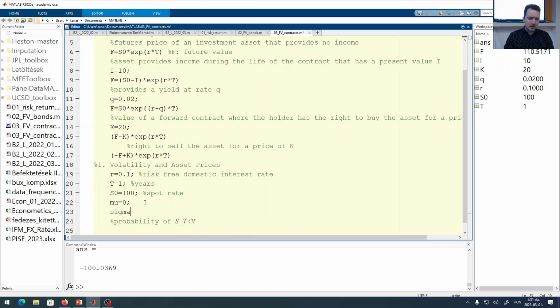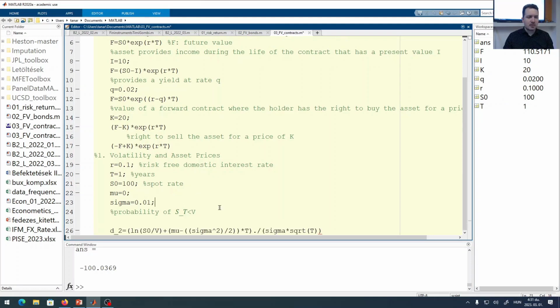We have the sigma, which is, let's say, 0.01, so it's only 1%. So this is volatility, risk, and so on.